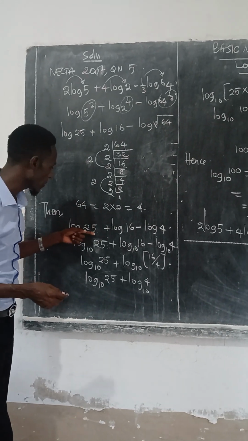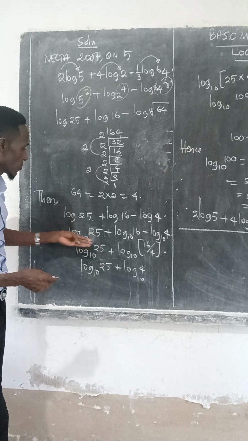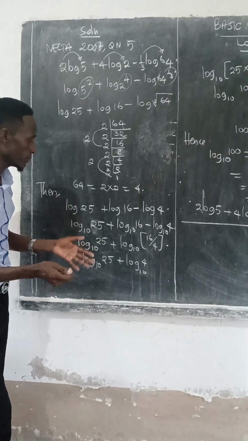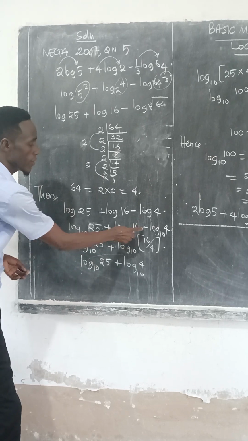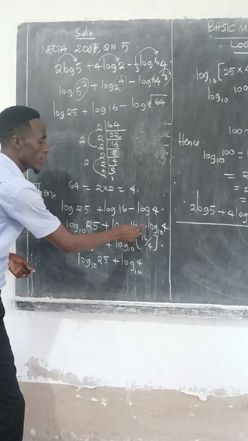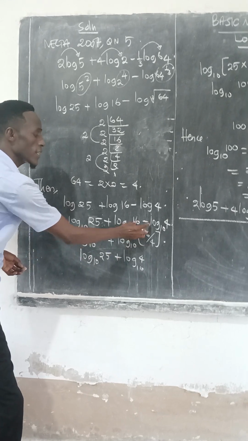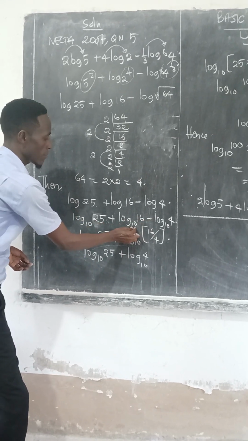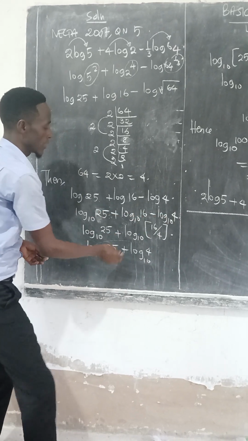So you continue: logarithm of 25 plus logarithm of 16 minus logarithm of 4. Look now at the other laws of logarithms. You have plus and you have minus. The minus in logarithms is more powerful compared to the plus, so you start with this. The same base, 10, but you have the numbers 16 and 4.